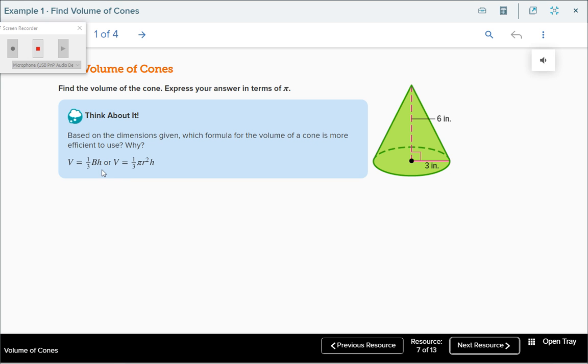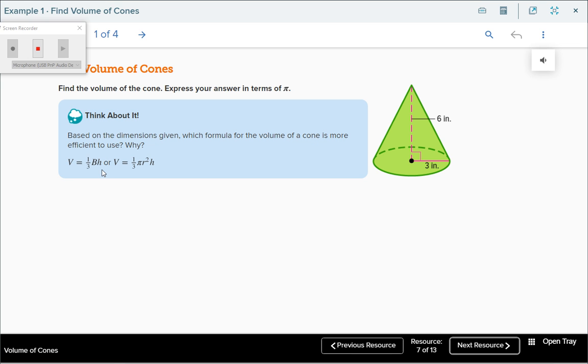V equals pi r squared times height divided by 3. Okay? So if I wrote that out, cone would be like this.